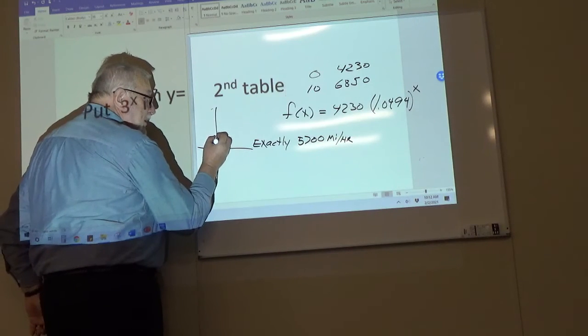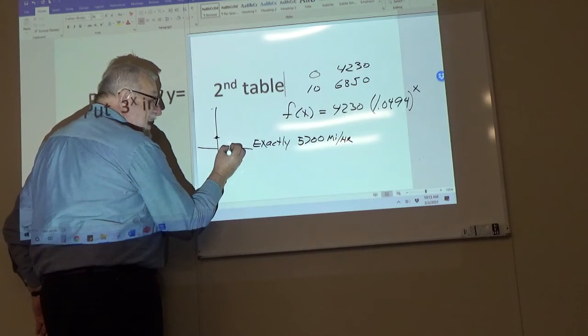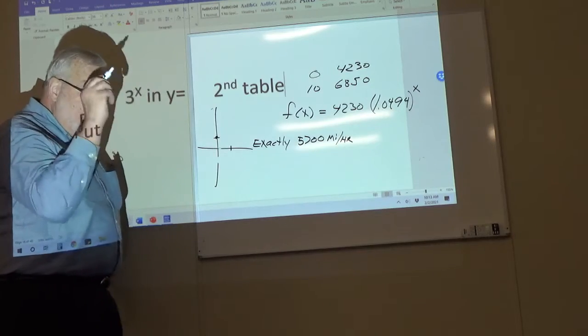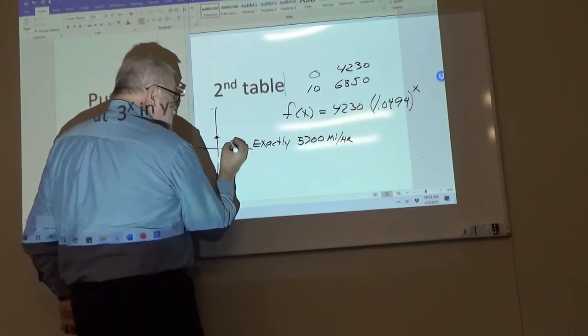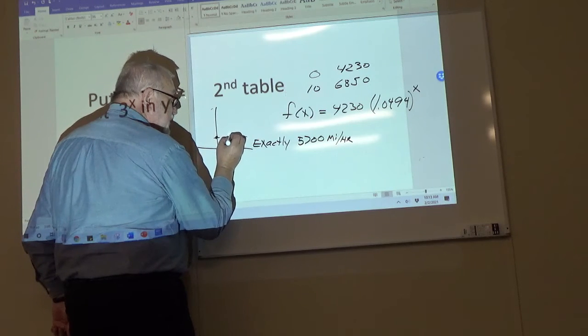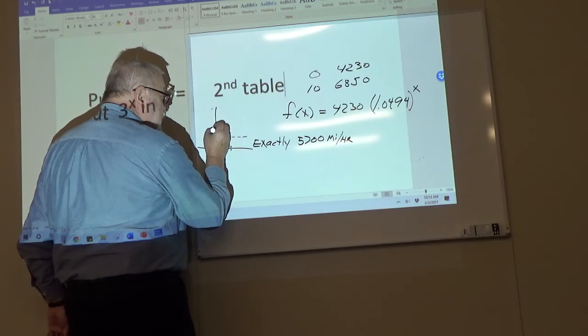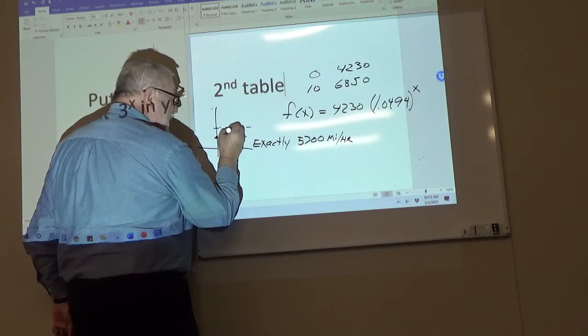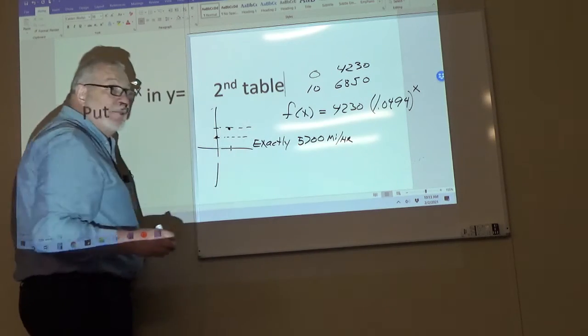When x gets to 1, 1.8 to the first power is going to be 1.8, which is going to be right here.